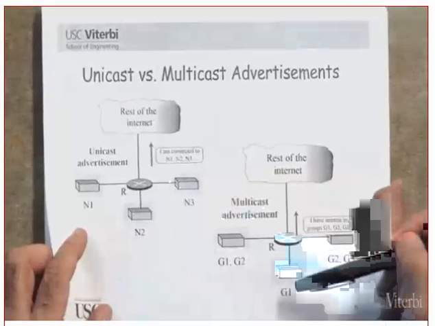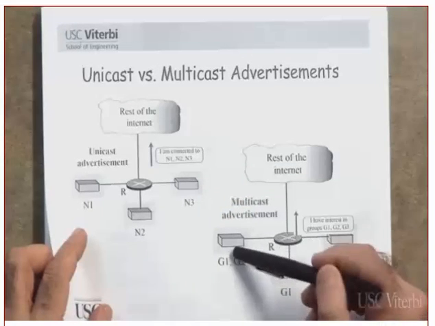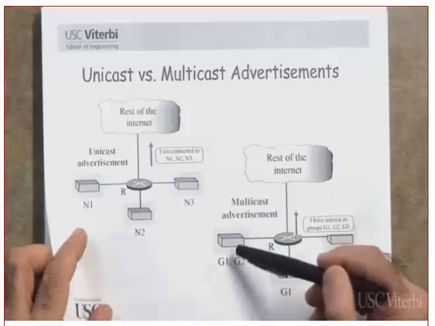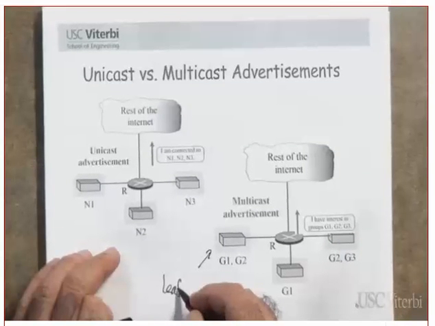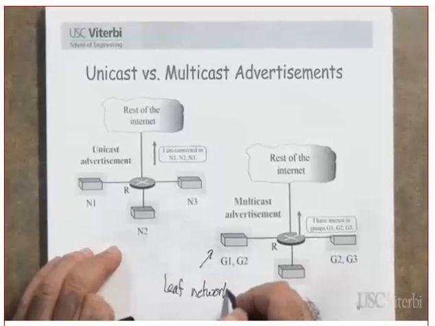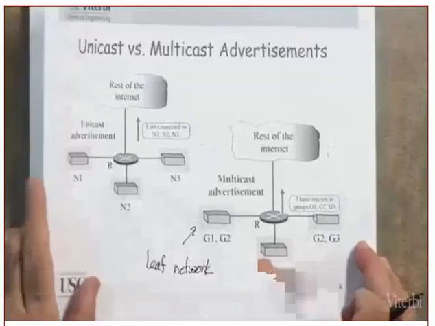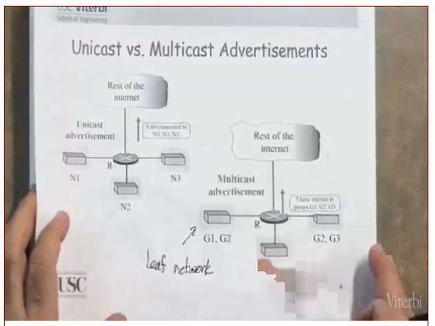So the router will advertise to the rest of the internet whether there are interests in receiving certain groups. For example, in this leaf network there is interest in receiving multicast traffic addressed to group 1, and in this network there are hosts interested in receiving traffic addressed to group 2, and so on.